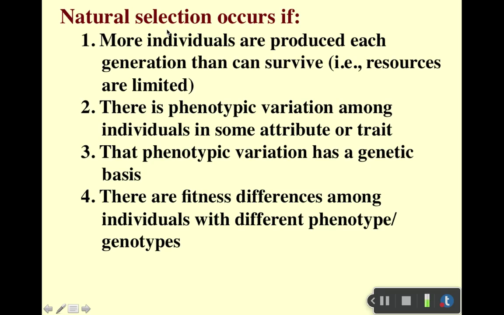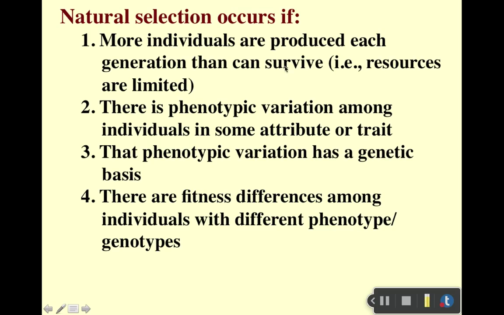But basically, we can say that natural selection has the following components. Darwin basically said that in order for selection to occur, there have to be more individuals produced in each generation than can survive. In other words, resources are limited, and you might have competition for resources, and there might be disease and so forth.